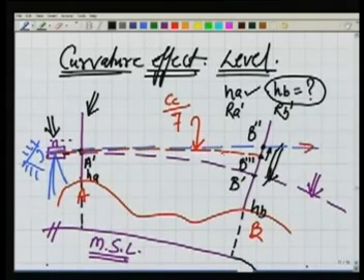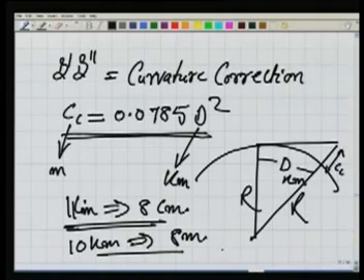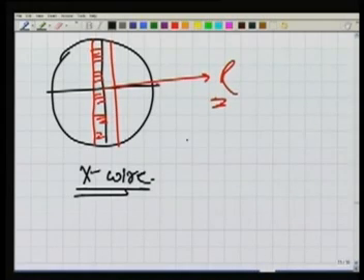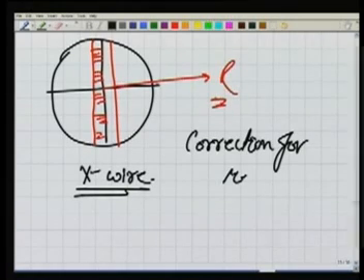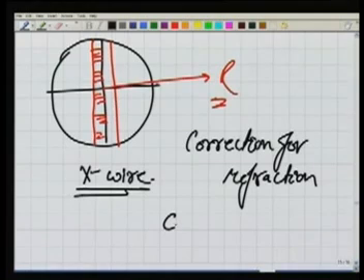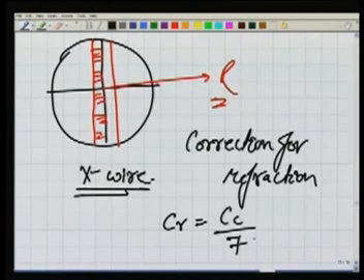As we know, the curvature of this is 1/7 of the curvature of the earth. So, similarly, as we found the correction for curvature, we can also find the correction for refraction.